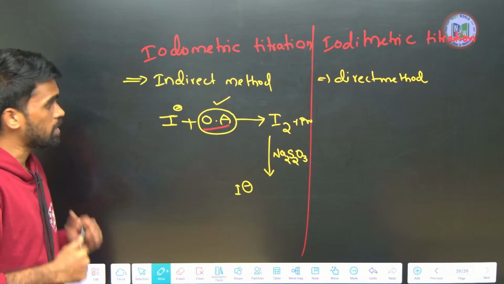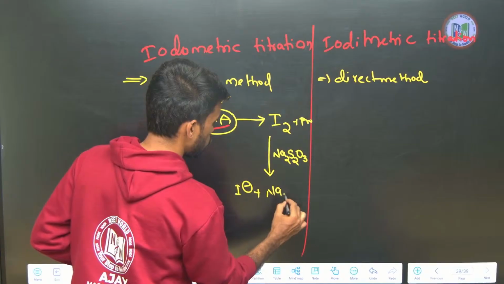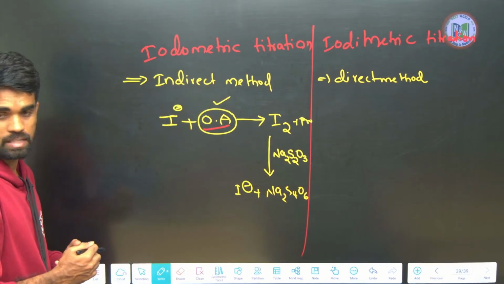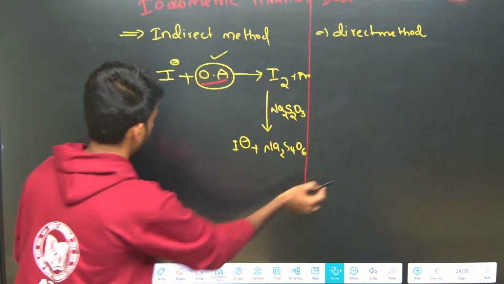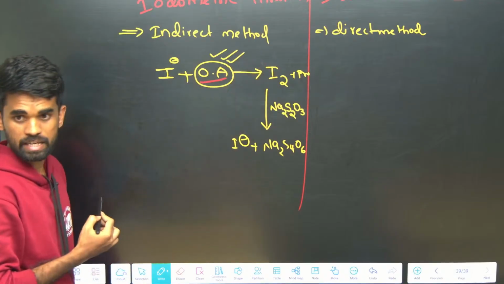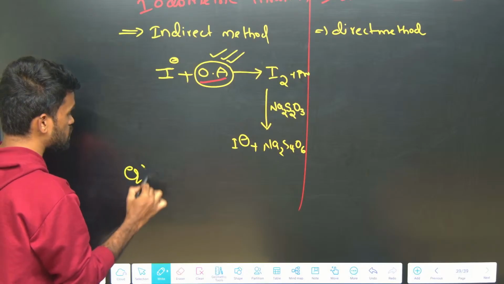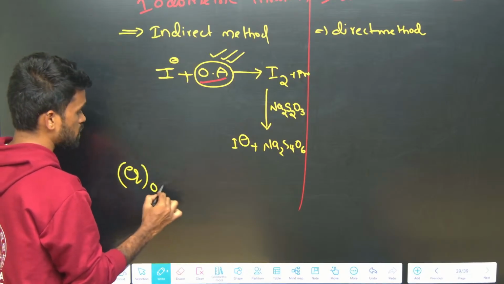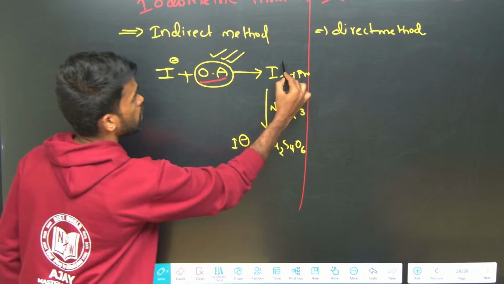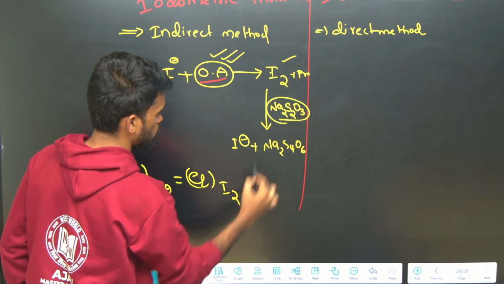Okay, and S4O6 is formed. So what is the use of doing all these things? Here, as I told you, we don't know the concentration of this oxidizing agent. That is what we need to calculate. So simply you can use the equivalence method. Equivalence of this oxidizing agent will be equal to equivalence of iodine formed, which will be equal to equivalence of hypo used.